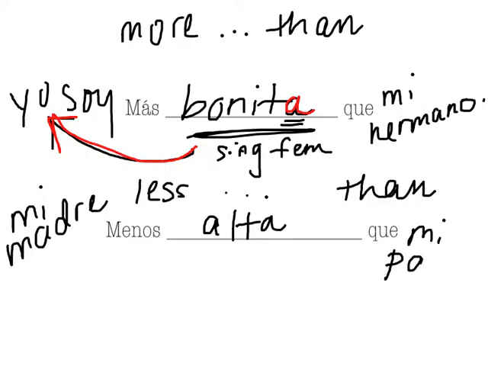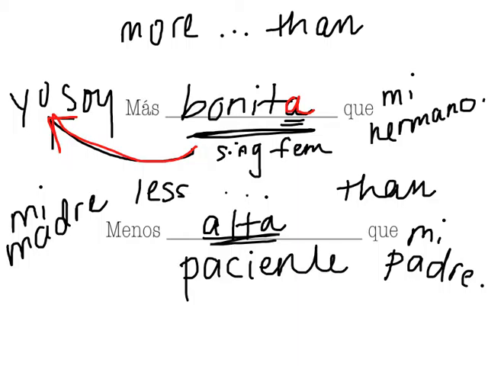My mom is less tall than my dad, or she is shorter than my dad. But we can replace this with anything we want. Mi madre es menos paciente que mi padre. Mi madre es menos deportista que mi padre, etc.